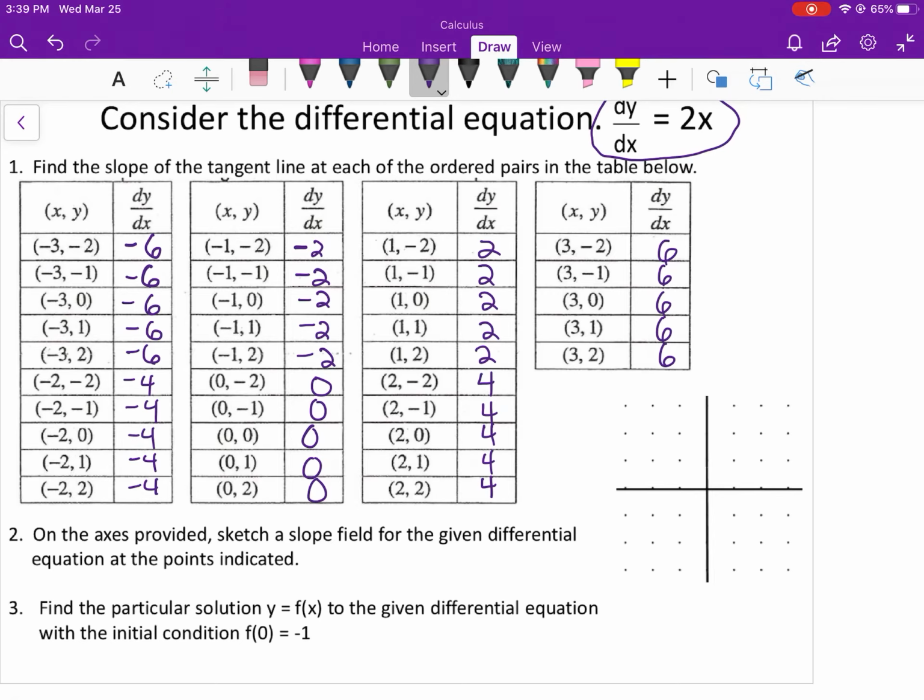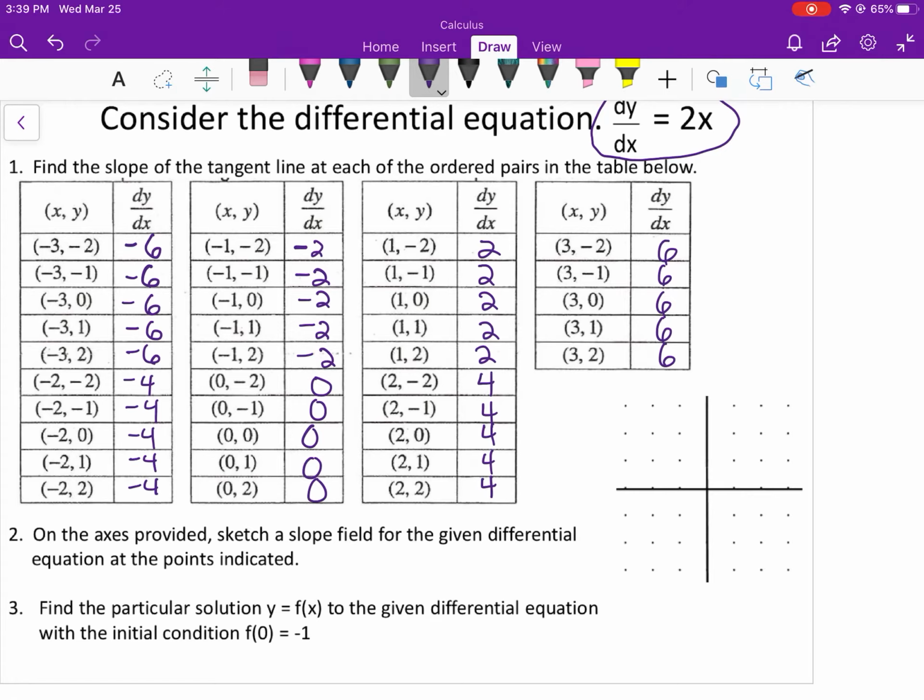A slope of -2 will not be as steep as a slope of -4, and so on. If we have a slope of 0, that's going to represent a horizontal segment. For undefined, we wouldn't put anything. A slope of 2 is not as steep as a slope of 4, and a slope of 6 is steeper than a slope of 4, and so forth.